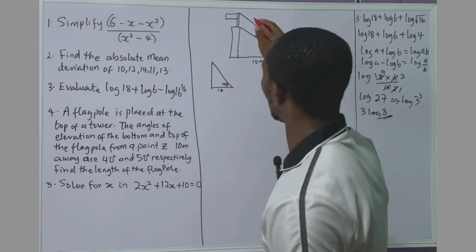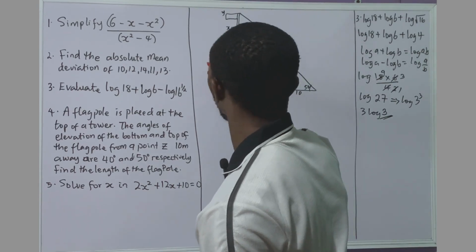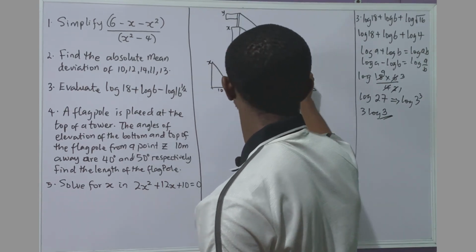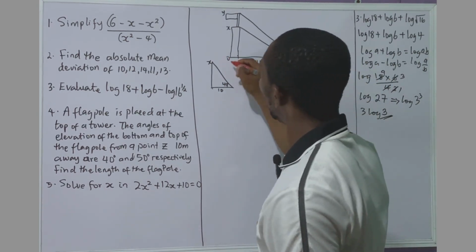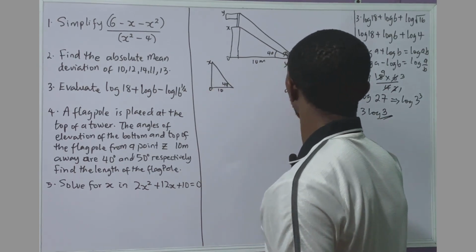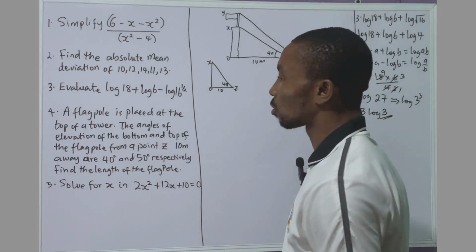Let's call this point X and this point Y, so we have X, Y, and this is point O. This is Z.